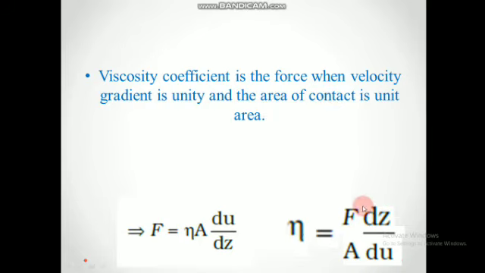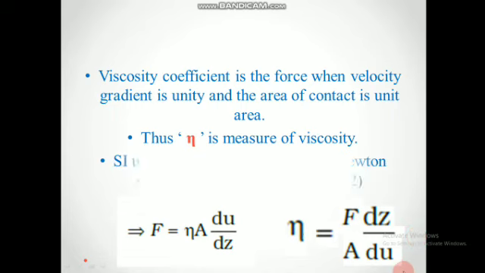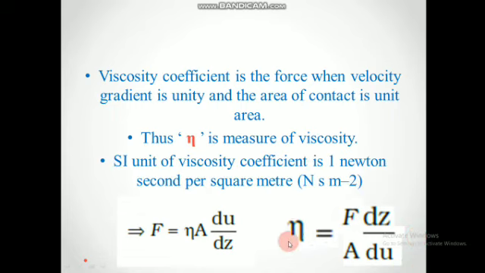So if the velocity gradient du by dz becomes 1 and even the area becomes unity, then eta is equal to F, the viscous force. Thus eta is the measure of viscosity. And the SI unit of eta, the coefficient of viscosity, is newton second per meter squared, that is N s m^-2.